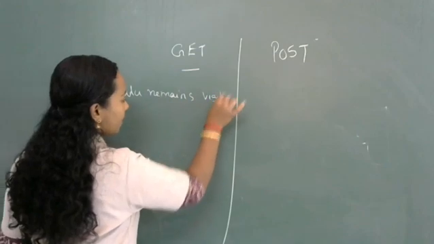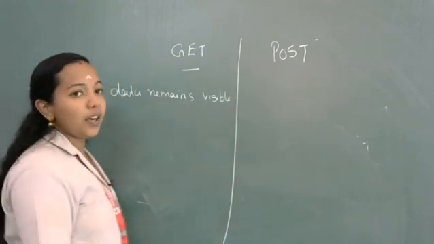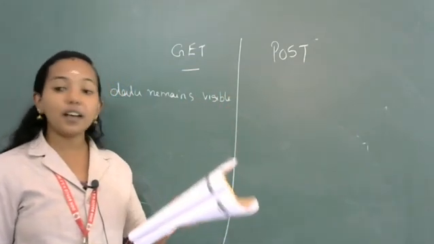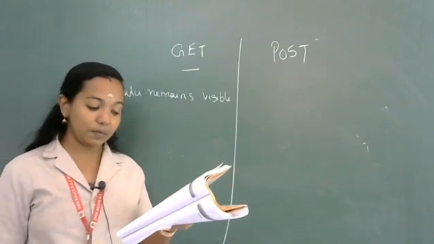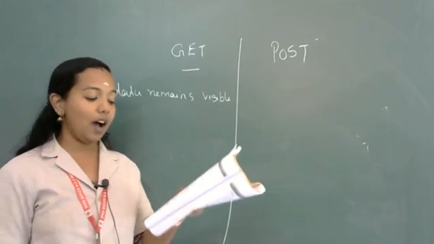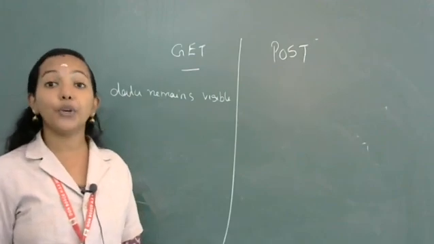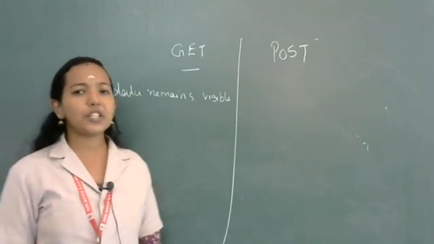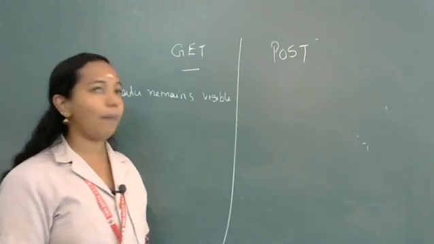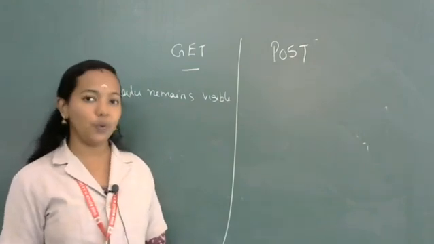If we are using get method, the data remains visible since the content is passed as a part of the URL. Whichever contents we are typing will pass as a part of the URL.